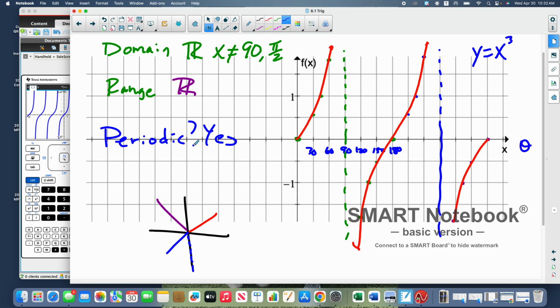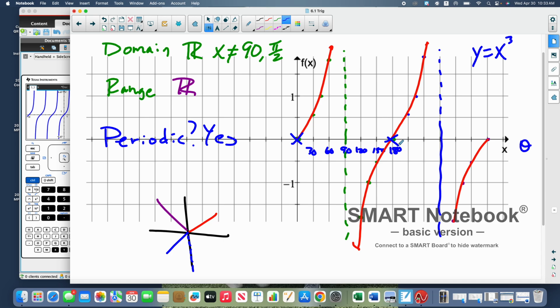Now, the follow-up question: if it's periodic, then what is the period? 180 degrees. Or, how would we say that in radians? Pi. 180 degrees or pi. So I noticed, hopefully you noticed, that those two points are the same point. Correct? They are 180 degrees apart.